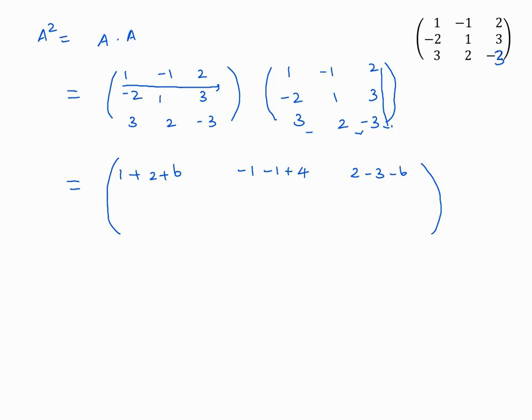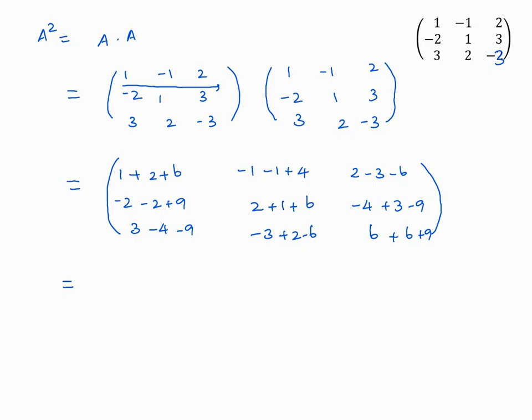Similarly, now we proceed row-wise: second row, first column, second row, second column, and second row, third column. Continuing the same way for the third row, now we add the values.